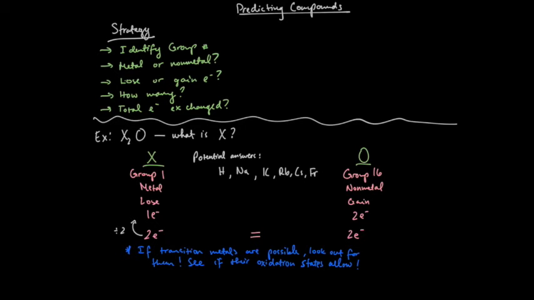If it also comes out to a +1, then it could also be a transition metal and not necessarily those in group 1. Same holds if it's a +2, then it could be a transition metal, or group 2; +3, group 13 or a transition metal, etc. So keep a lookout for those transition metals if possible.